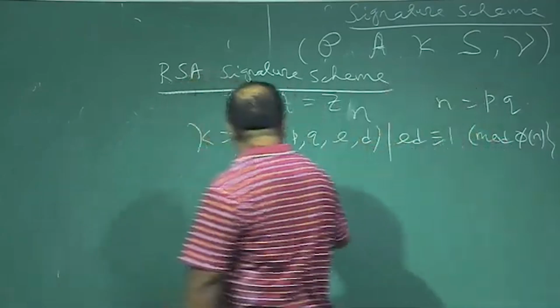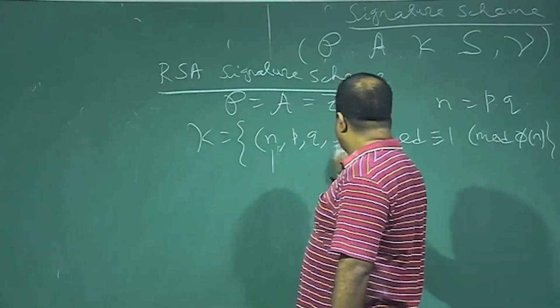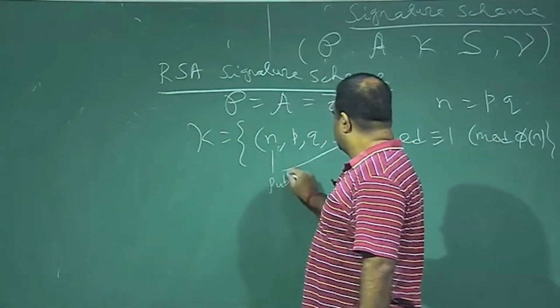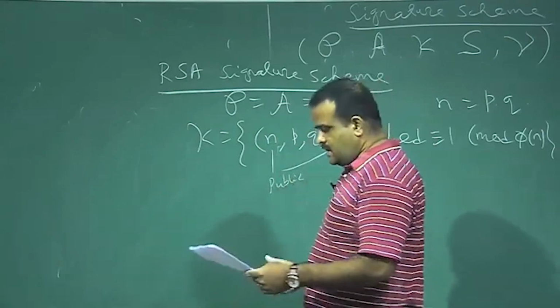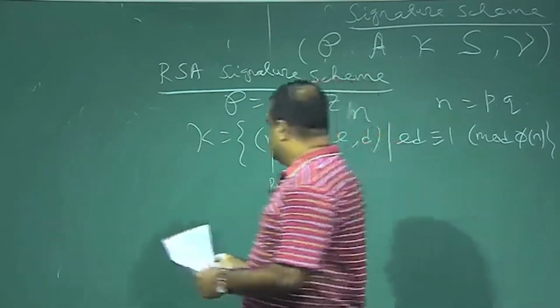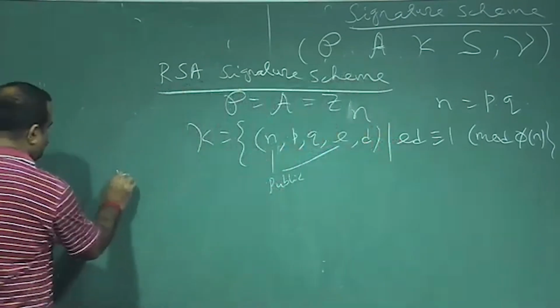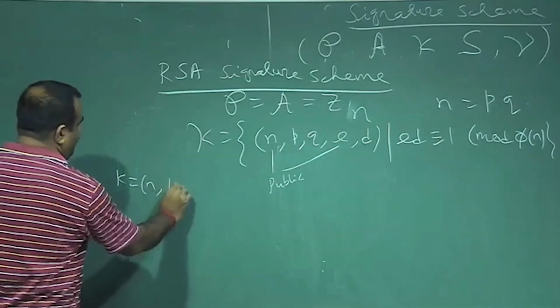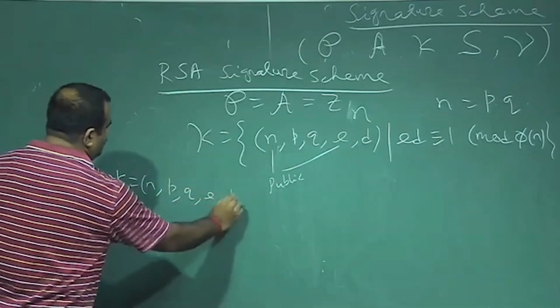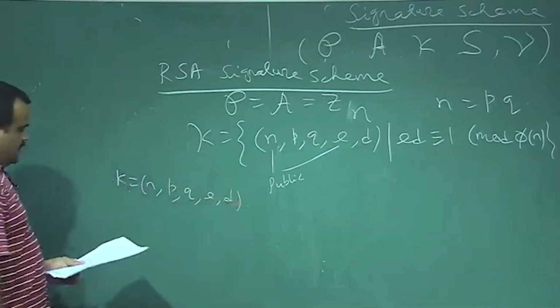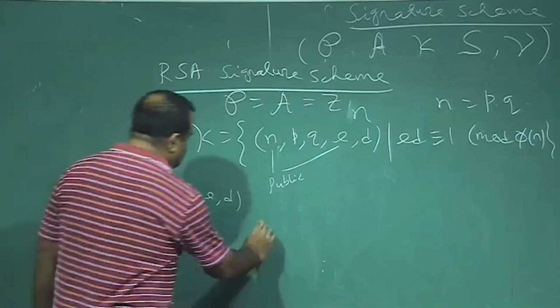Okay, and we know these are public parameters, and this is the private parameter. So, now if we choose a key n, p, q, e, d, how do we define the signature?